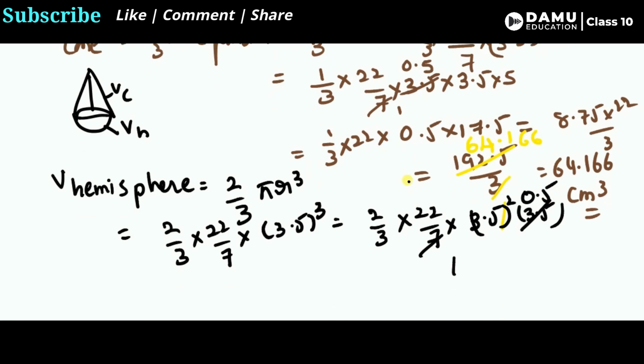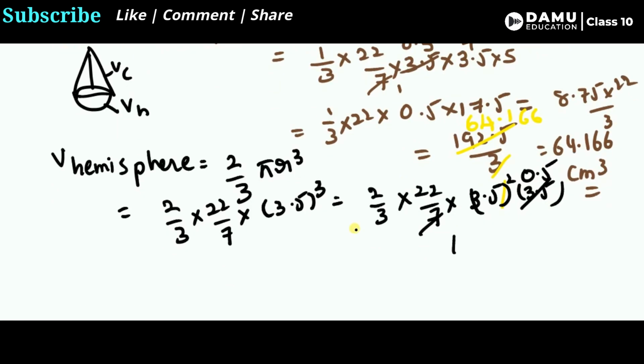So let's move on and calculate it. 22 into 2 is 44, into 3.5 whole square. What answer will we get? That is 12.25 into 0.5, whole divided by 3.